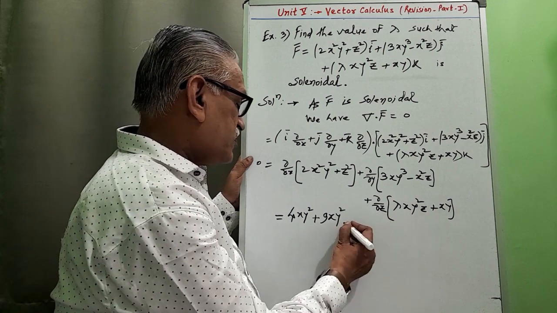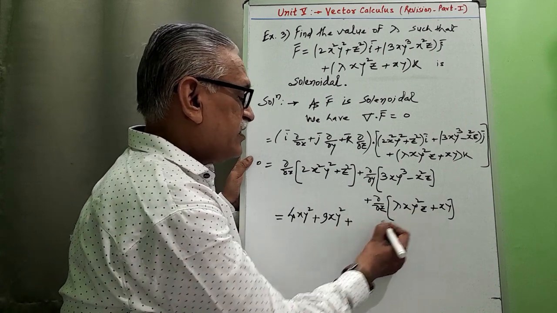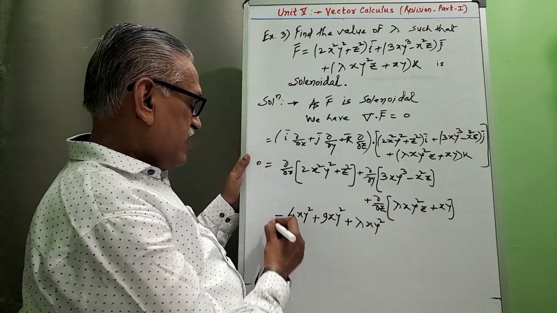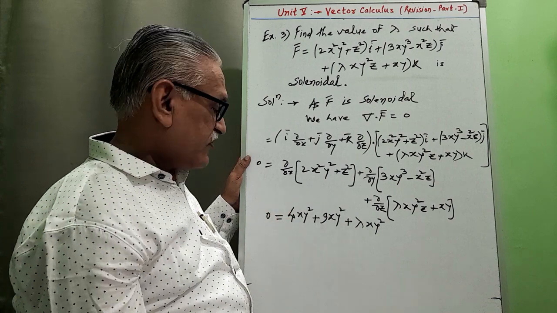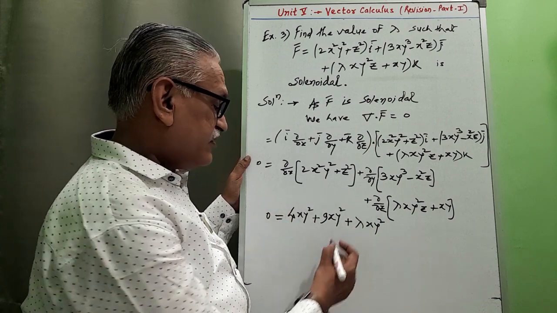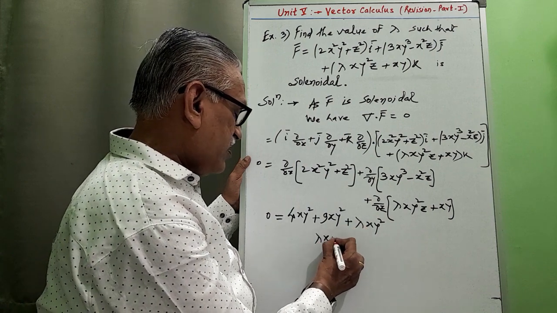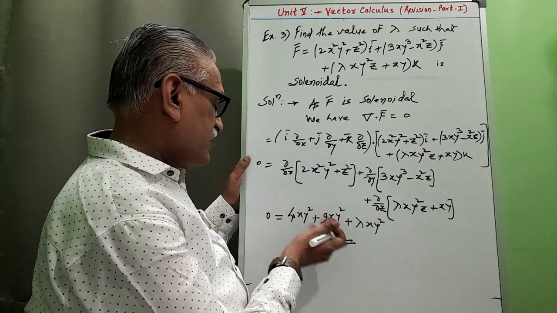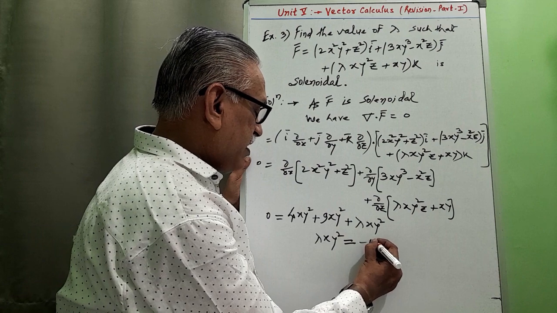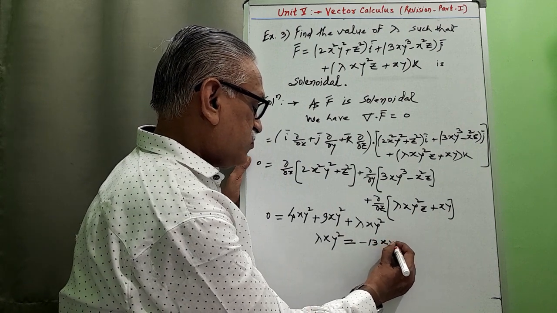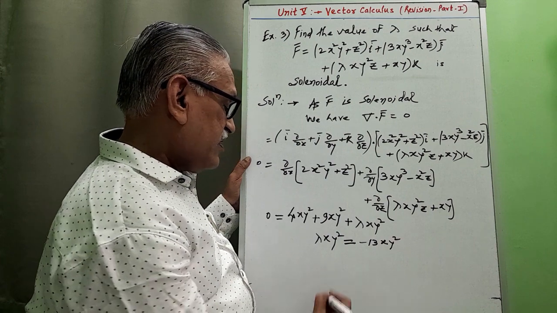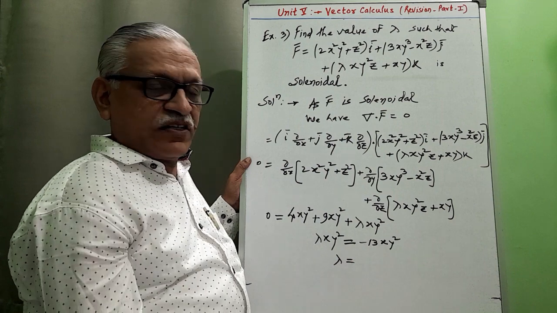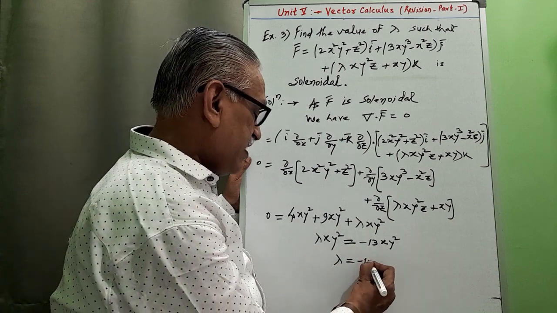Differentiation of the third term with respect to z is lambda xy square, and that is equal to 0. Rewriting it, we get lambda xy square plus 4 plus 9, that is 13, equal to 0. Transferring to the other side, that term becomes minus 13 xy square, and xy square cancels with xy square, so the value of lambda is minus 13.